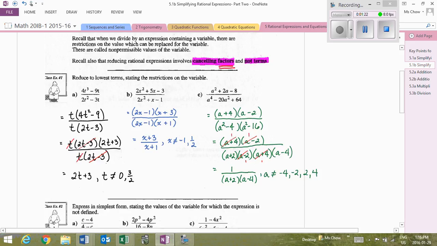That leaves us with just 2t plus 3, and the condition of that answer is that t is not equal to 0. We need to set restrictions again for every factor in the denominator that includes a variable. The first one is t, so t cannot equal 0. The second one, 2t minus 3, cannot equal 0. So add 3, divide by 2, and t cannot equal 3/2.